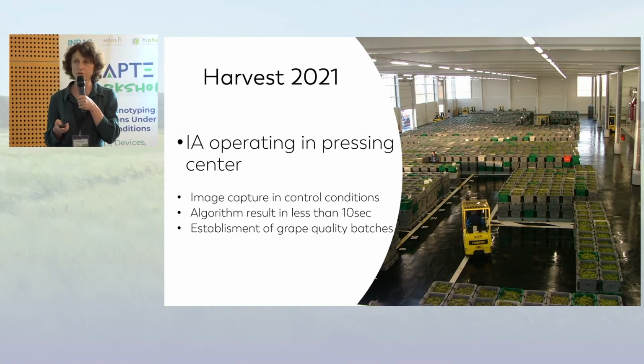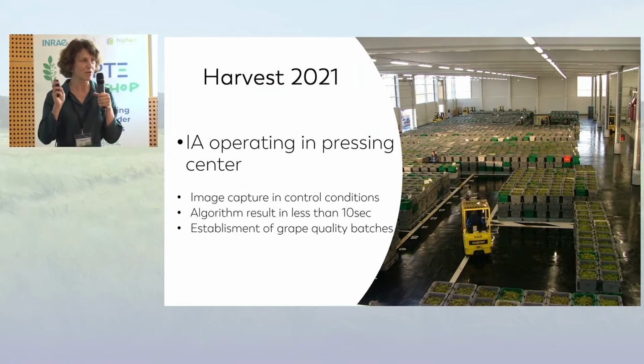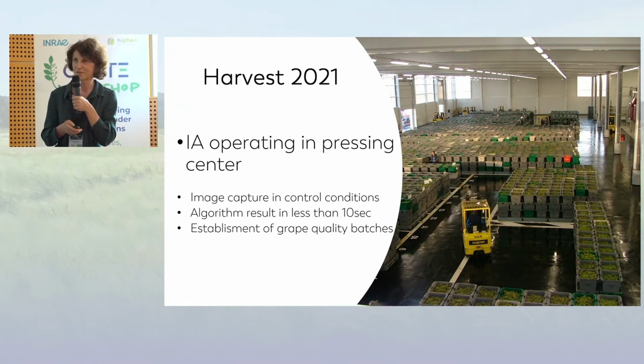And also the challenge was to get results in less than 10 seconds, because we cannot stop everything and say, wait a minute, we need to take the picture and we give you the results later. And also the way to establish these different batches, different qualities of batches.